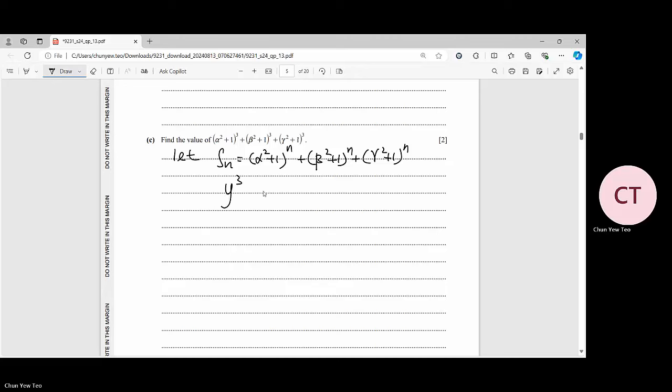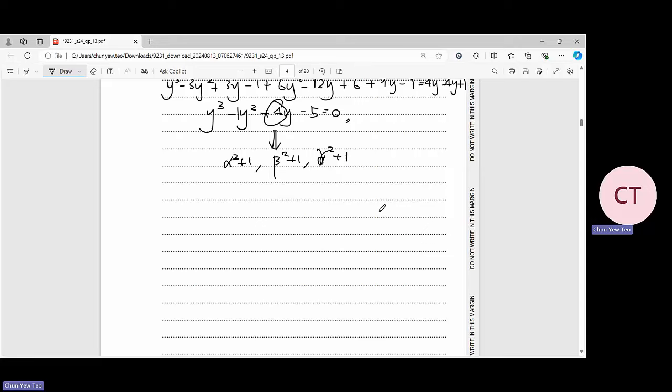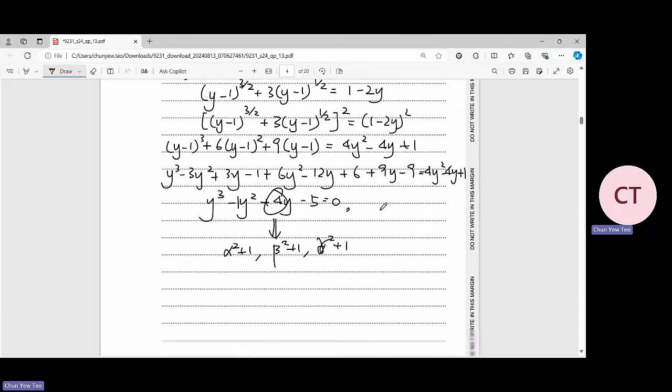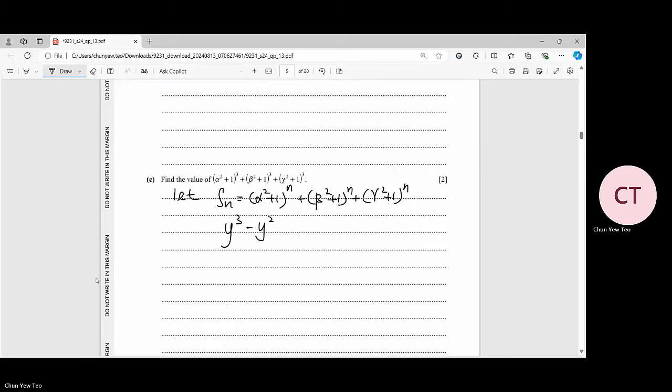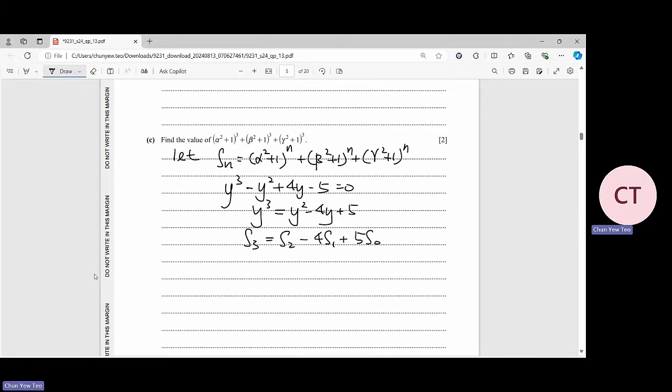Our y cube minus y square plus 4y minus 5, our equation from part A. I make it become y cube equals y square minus 4y plus 5. Then from here, I will get S3 equal to S2 minus 4S1 plus 5S0. So I'm looking for the value of S3.